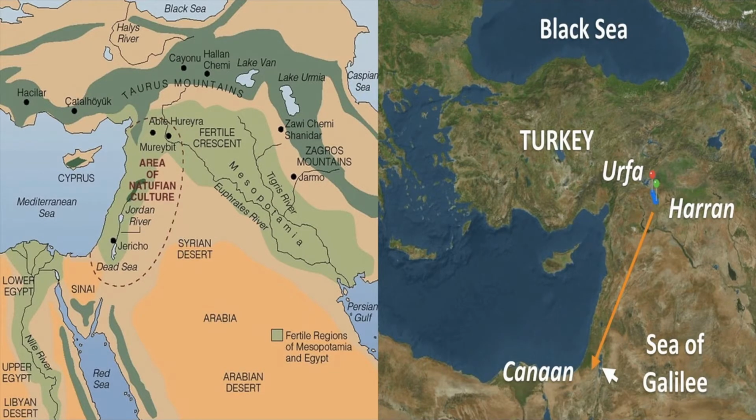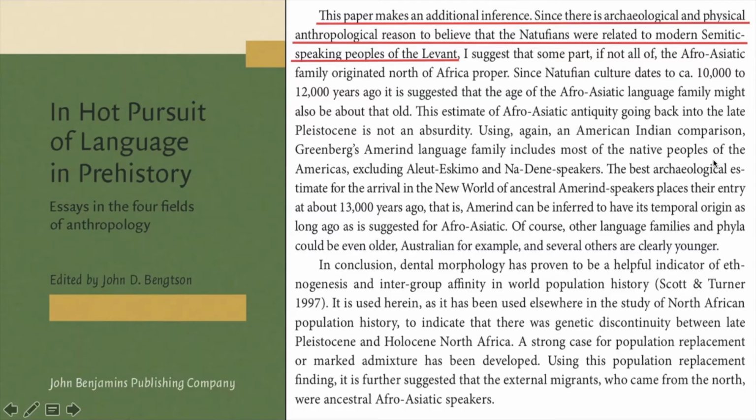And here is a map overlaying the Natufian area of culture and the area in which Abraham would have traveled. He's basically in the Natufian zone. And of course, we know that Natufians are the ancestors of Semites. I come to the conclusion that Abraham's ancestors would have been Natufians.